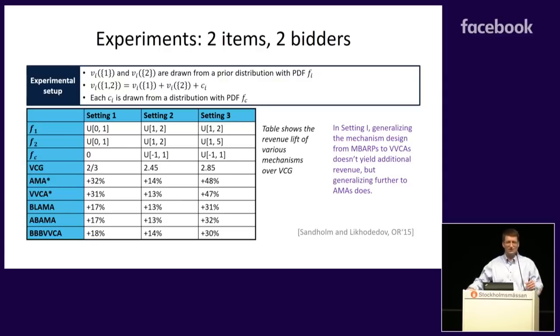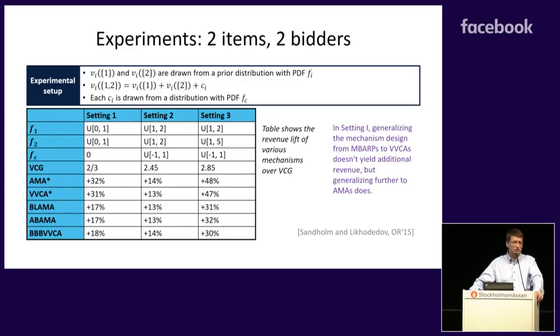You can take a setting, optimize a randomized mechanism into it, optimize a deterministic mechanism into it, and voila, if the randomized one gives you more revenue, you've just proven your conjecture. You can do this by randomly generating settings, and if it happens even in one setting, you've proven your theorem.